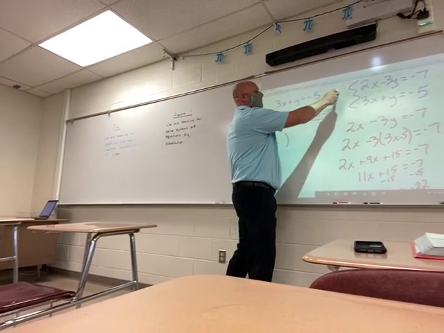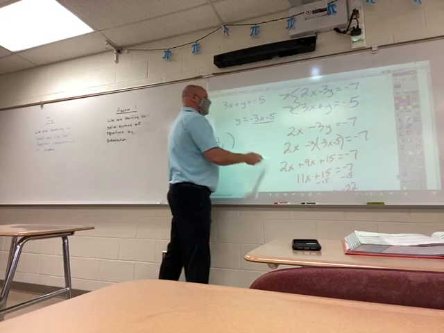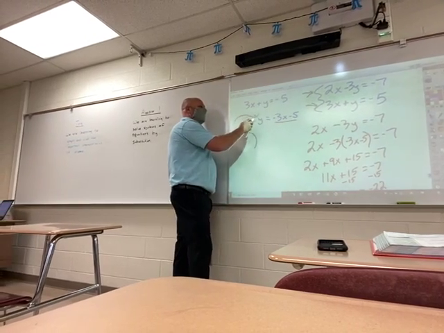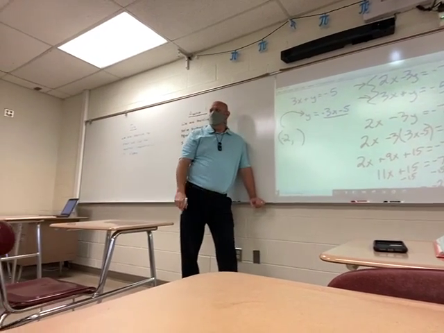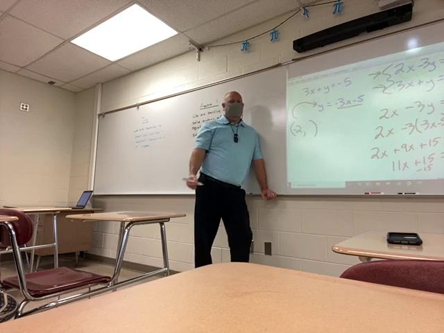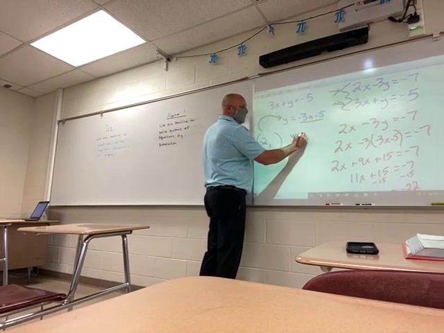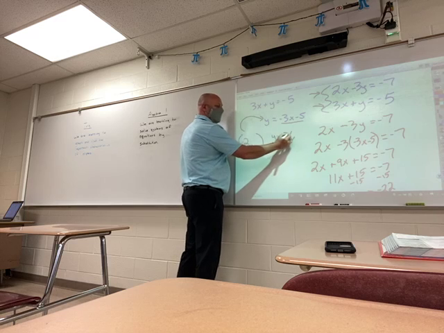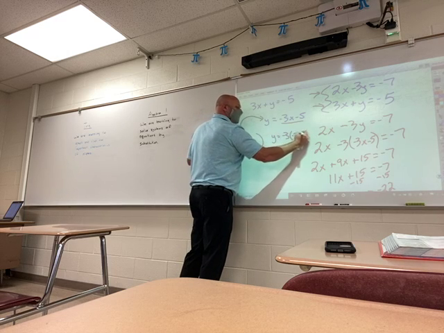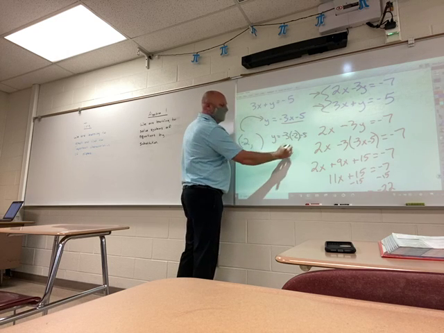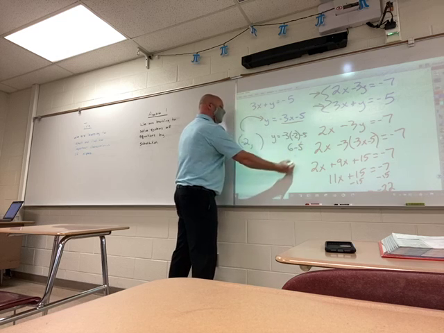You have 3 choices. You can plug it in here, you can plug it in here, or the spot I recommend is the spot right before you substituted, because it's already solved for y. So I would plug it in right here and say y would equal negative 3 times negative 2 minus 5. Negative 3 times negative 2 is 6. 6 minus 5 is 1.